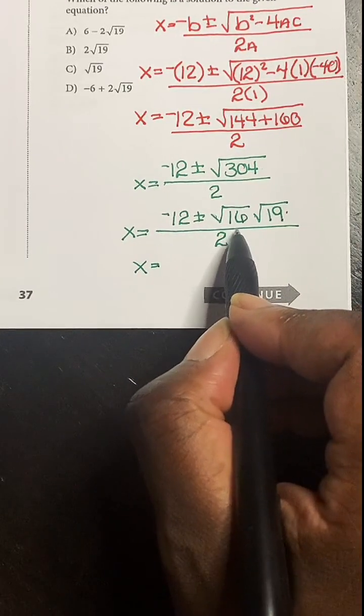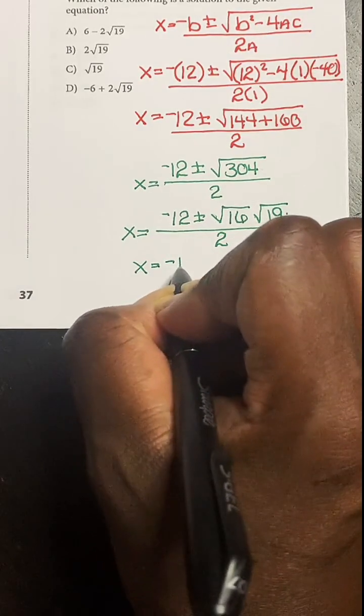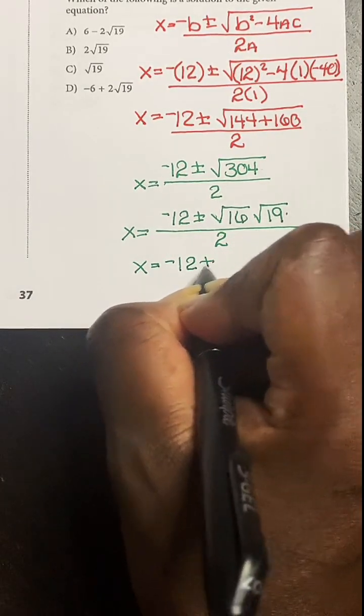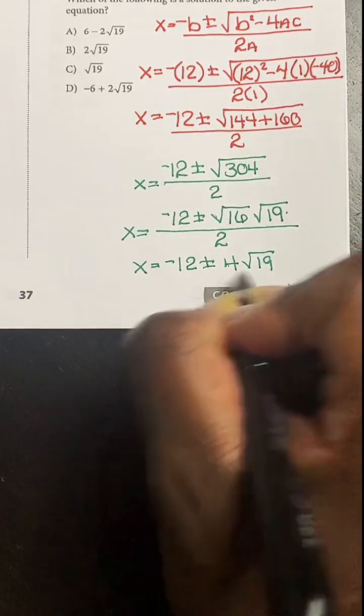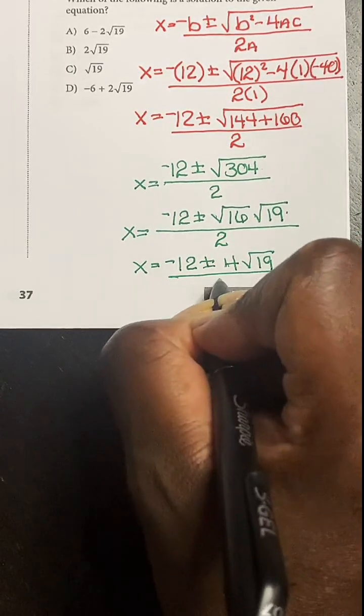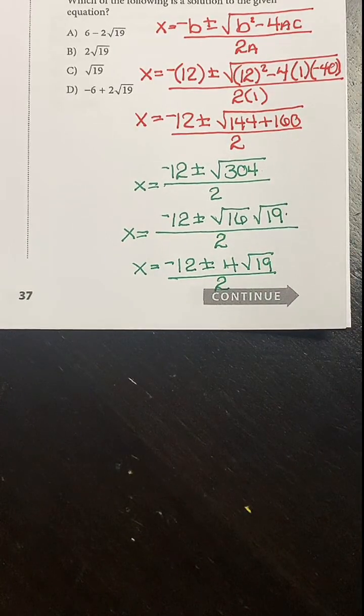So square root of 16, that gives us 4. So that means I have my negative 12 plus or minus 4 square root of 19 over 2. Almost done.